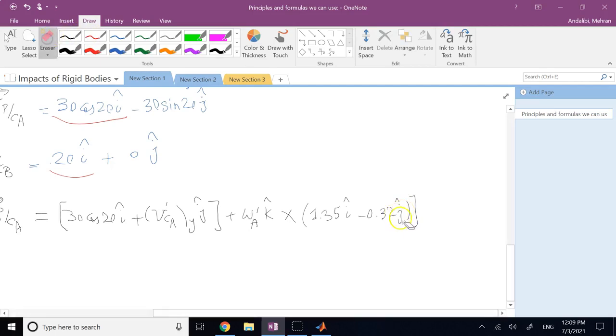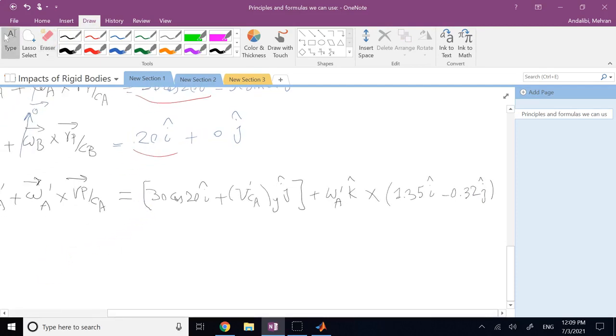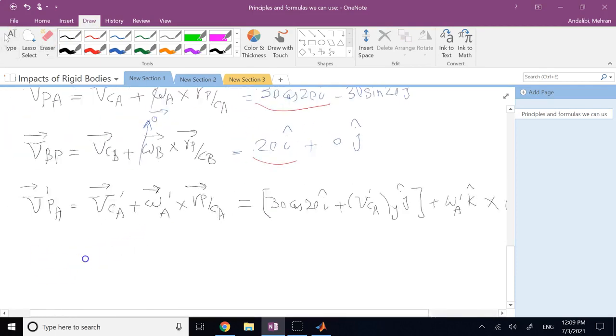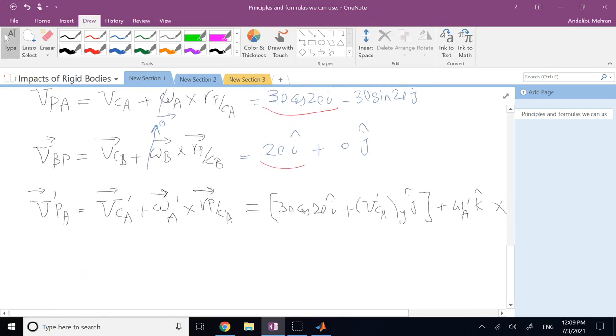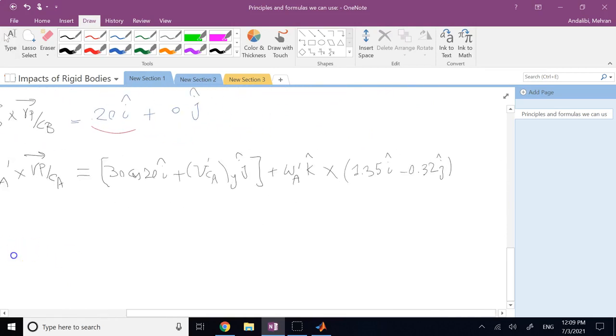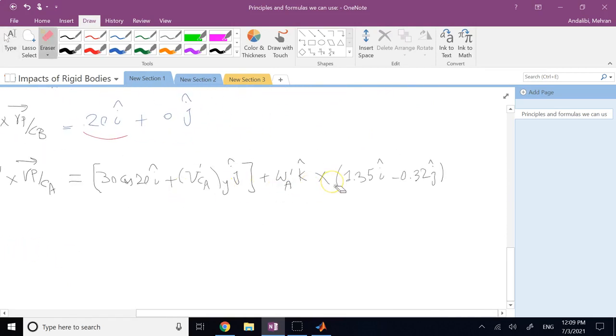Good. So once you have that, now you can carry out the cross product here and add them together. And if you do, here you have k cross i, which is j, and then you have k cross j, which is negative i, but there is another negative, so you get positive i.